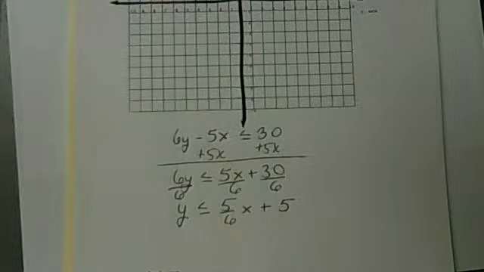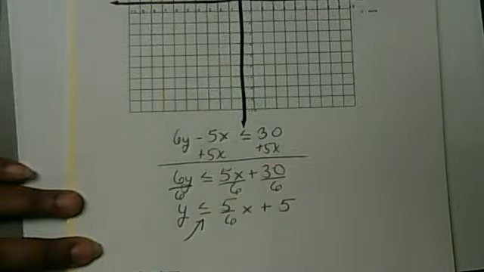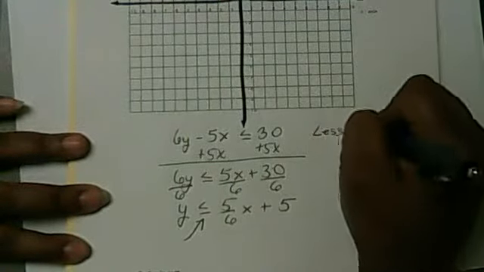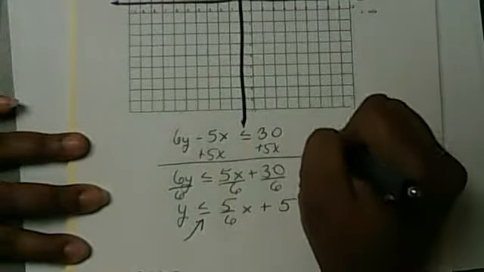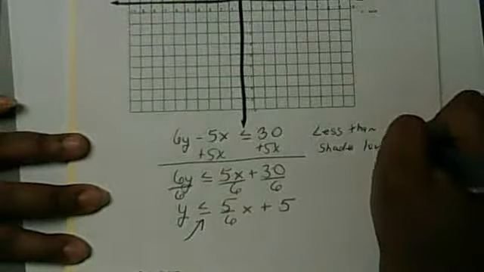The difference between graphing linear equations and linear inequalities is the fact that when you see that sign, it's going to tell you to shade. Now if you have the less than symbol, less than is going to tell you to shade lower or below the line.